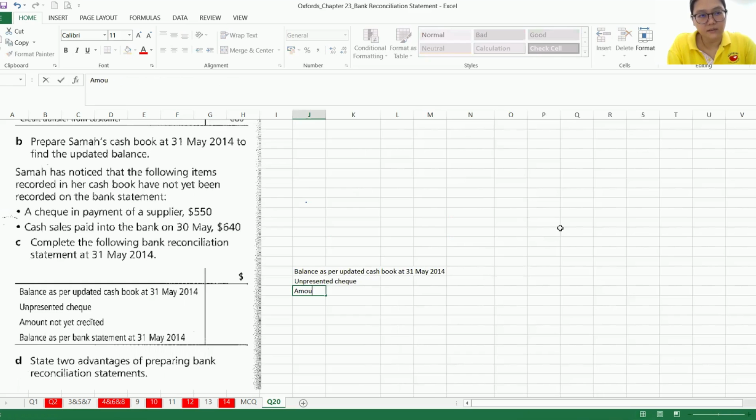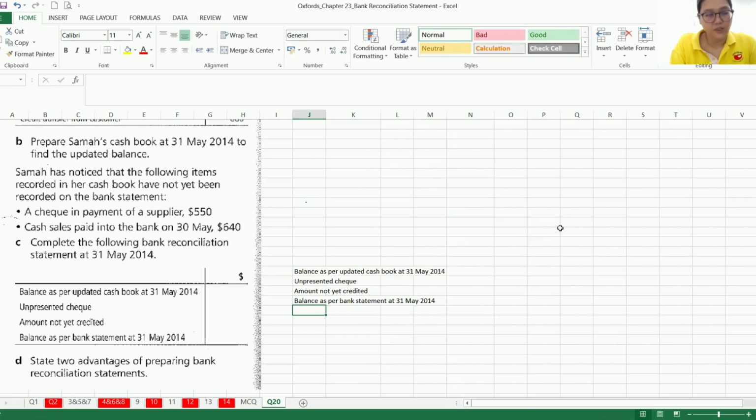And then amount not yet credited, balance as per bank statement at 31st May 2014. Okay, now we put in the amount.